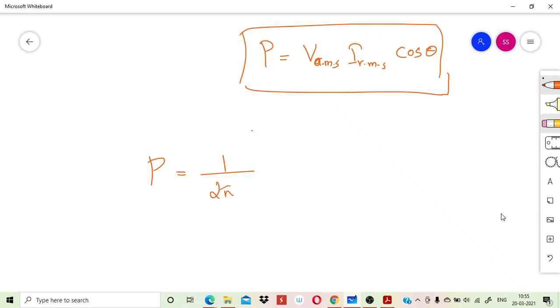So 1 by 2 pi times the area, which is the integral from 0 to 2 pi of v of t into i of t. Not actually v of omega t and i of omega t, because it is a function of time, and if you multiply that with omega, you will get theta. So it is again a function of theta also. You can write v of t or v of omega t.